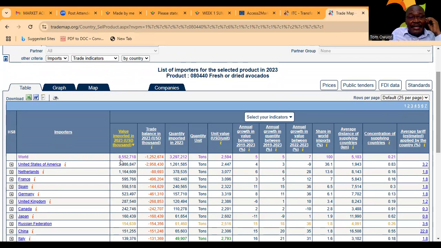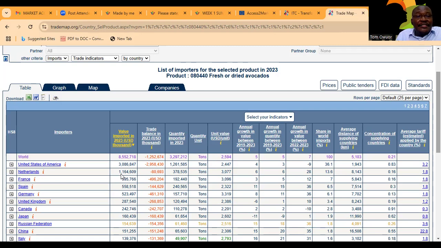So basically, the value of avocados imported across the globe was worth 8.5 billion. The biggest importer of avocados globally was the US with 3 billion, followed by Netherlands. Remember, Netherlands is a net importer and also a very important distributor.